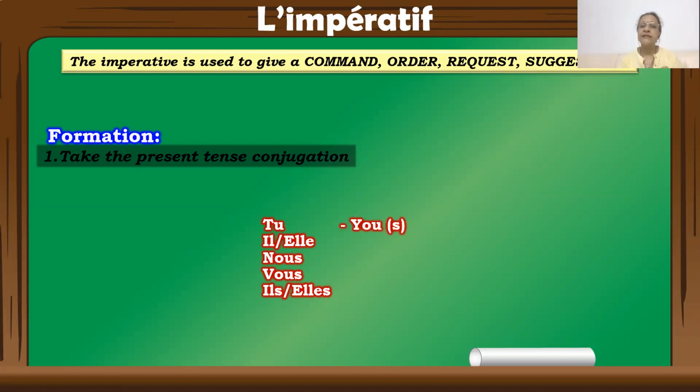I can obviously give an order to a second person who is in front of me. So tu is going to be used. Il and elle means he or she. Il or elle, third person singular. Can the person be in front of me, or not in front of me? So obviously, il and elle, I cannot give an order to a third person, so it is out.